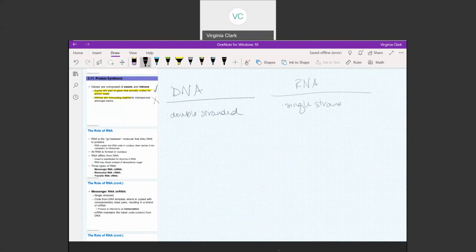The sugar for DNA was deoxyribose, for deoxyribose nucleic acid. The sugar for RNA was ribose, for ribonucleic acid.